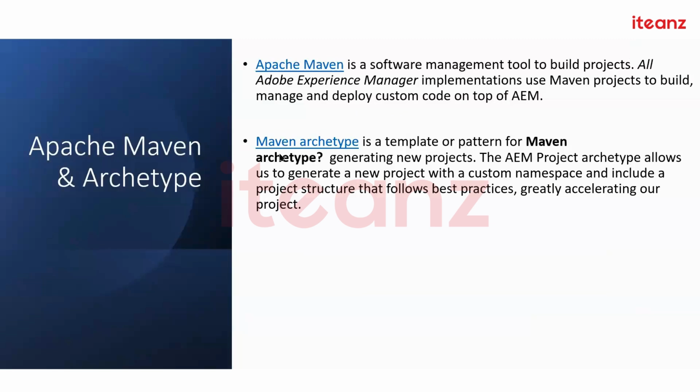So first, let me do one more thing. This Apache Maven archetype is something that Adobe has given us to create any new project. Apache Maven is a tool to build and everything. Maven archetype is a functionality given by Adobe that is used to create new projects.